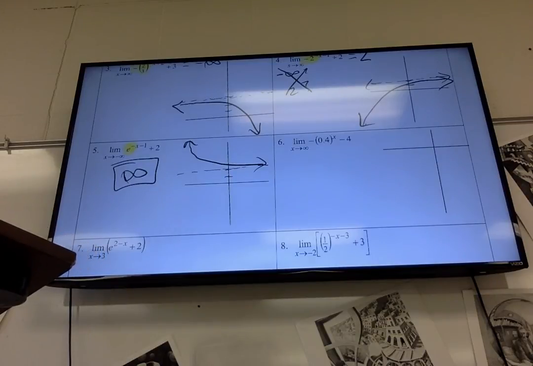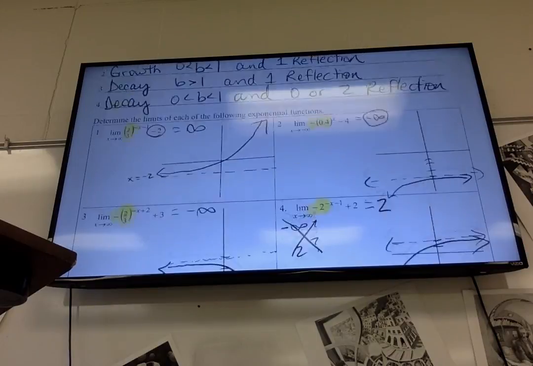Okay, what do you guys think about number 6? -4. Anything else? We're sticking to -4. All right. So there's my asymptote. It's between 0 and 1, and there's 1 reflection.